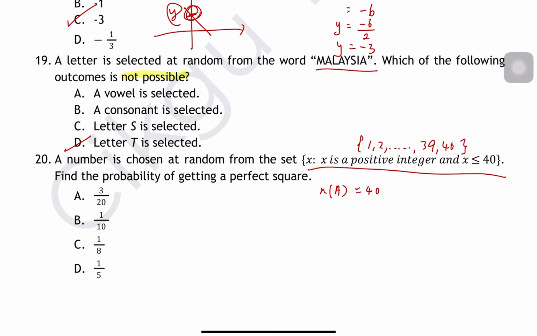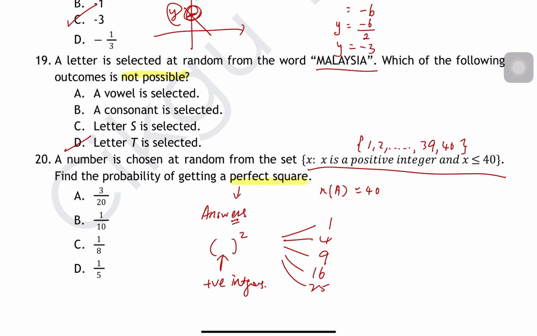And you are looking for the probability of getting a perfect square. Over here, you need to understand what it means by perfect square. Perfect square refers to the answer that you get from squaring your whole number or your positive integers. So from 1 to 40, you will have 1 square equals to 1, 2 square equals to 4, 3 square equals to 9, 4 square 16, 5 square 25, 6 square 36.